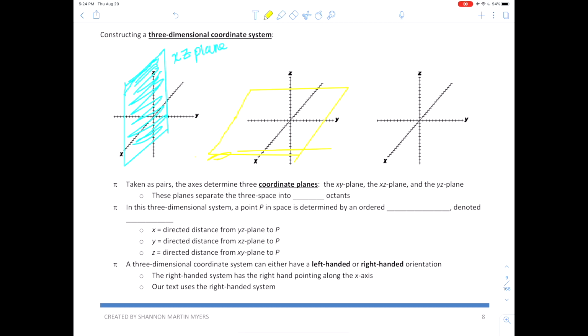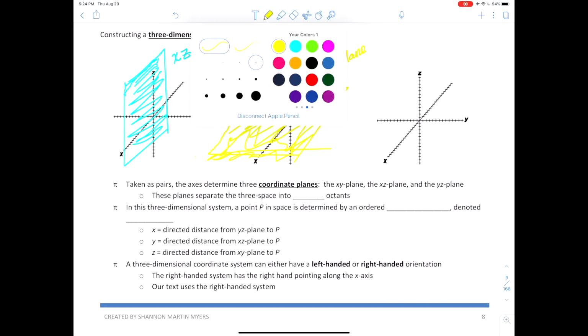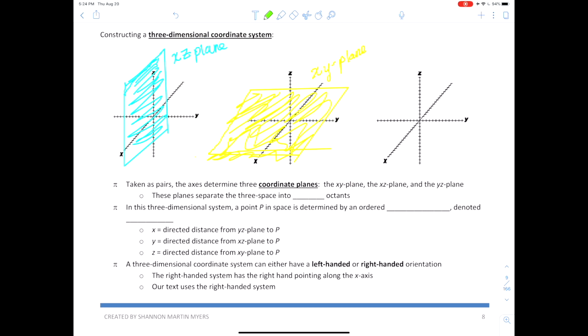So you'd have something like this, and this one here is your XY plane. And then the YZ plane is going to look more like this one. So now you've got your YZ.